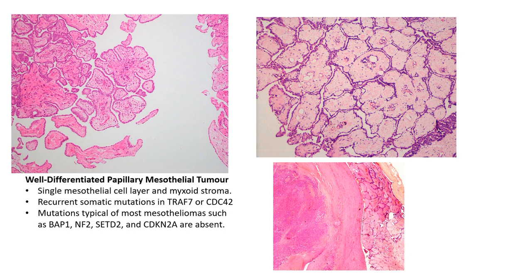And I think if you see any invasion, you have to have a high index of suspicion that this may be just a well-differentiated area of a diffuse mesothelioma, as shown on the right here, where there's a largely papillary tumour, perhaps with a little bit of invasion, but in the larger sample that subsequently came, you can see there is a more diffuse mesothelioma deep to the papillary tumour on the surface. Again, they have a different molecular profile, so this can be valuable if there is some doubt.